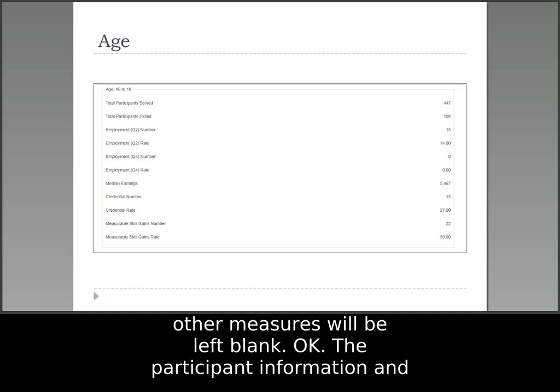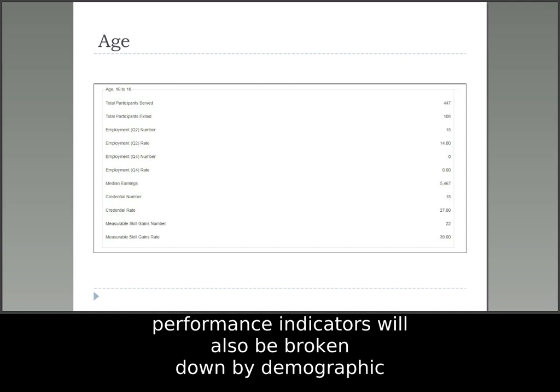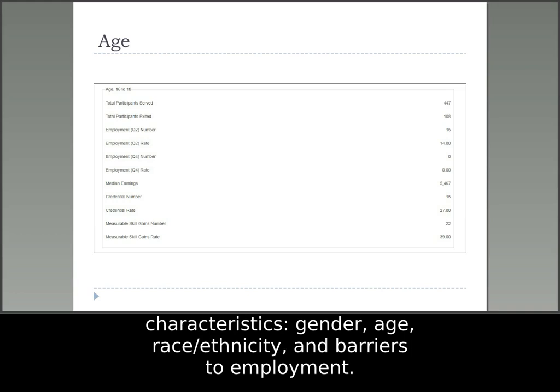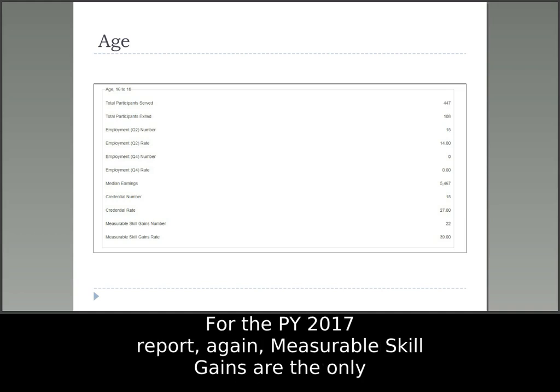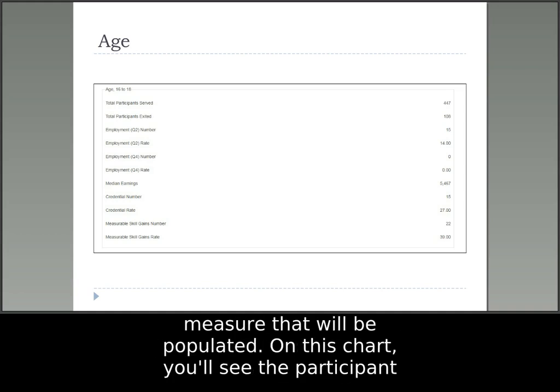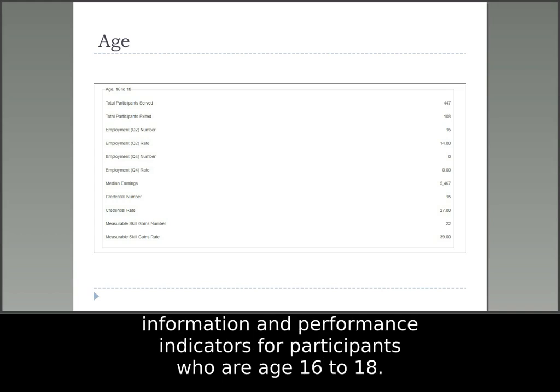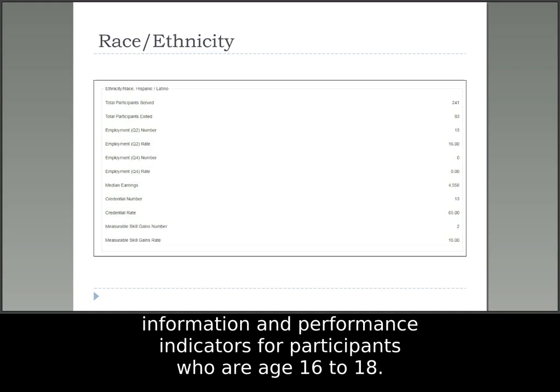Okay, the participant information and performance indicators will also be broken down by demographic characteristics: gender, age, race, ethnicity, and barriers to employment. For the PY 2017 report, again, measurable skill gains are the only measure that will be populated. On this chart, you'll see the participant information and performance indicators for participants who are aged 16 to 18.